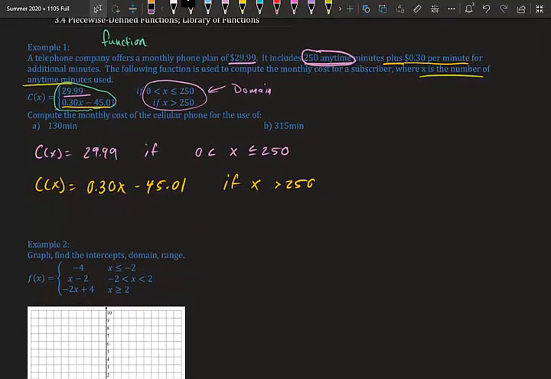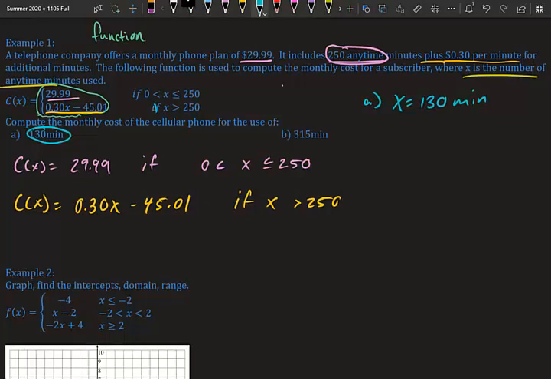Alrighty, so part A. Compute the monthly cost of the cellular phone for the use of 130 minutes. We're given x is 130 minutes, because I know x represents minutes. I'm going to use the domain and see where it fits. Is 130 greater than 250?